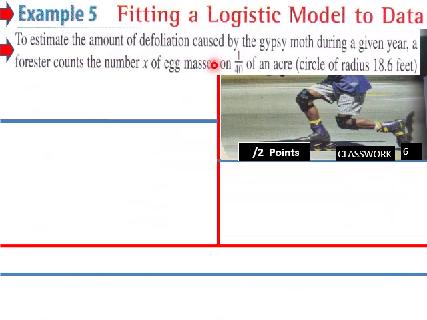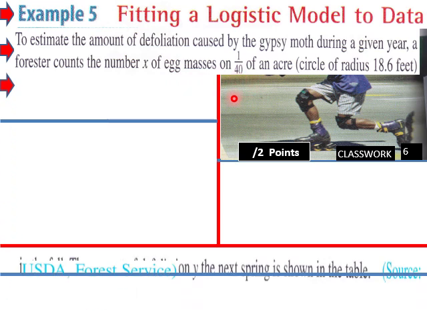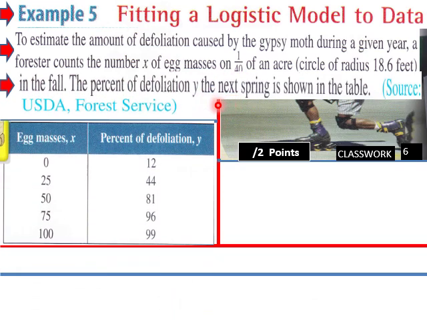Fitting a logistic model to data to estimate the amount of defoliation caused by gypsy moth during a given year. A forester counts the number of egg masses on 1/40th of an acre, which is a circle of radius 18.6 feet in the fall. The percent of defoliation y the next spring is shown in the table.